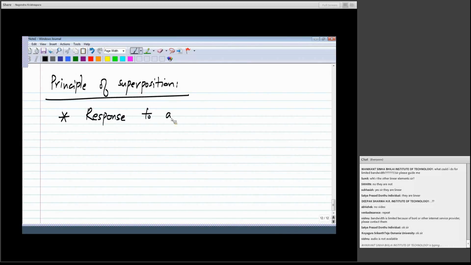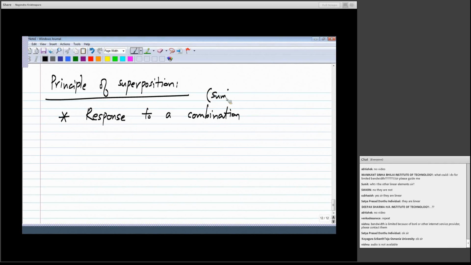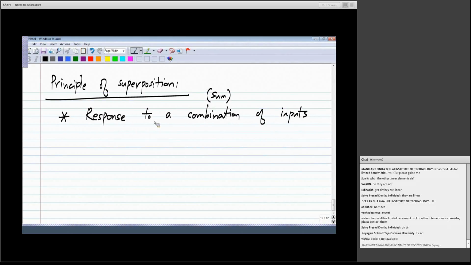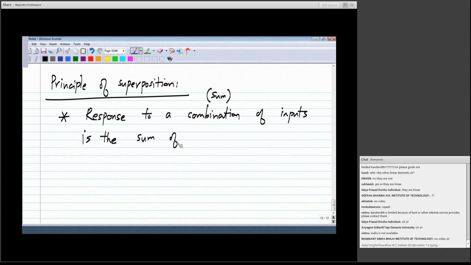The response to a combination or sum of inputs is the sum of responses to individual inputs.